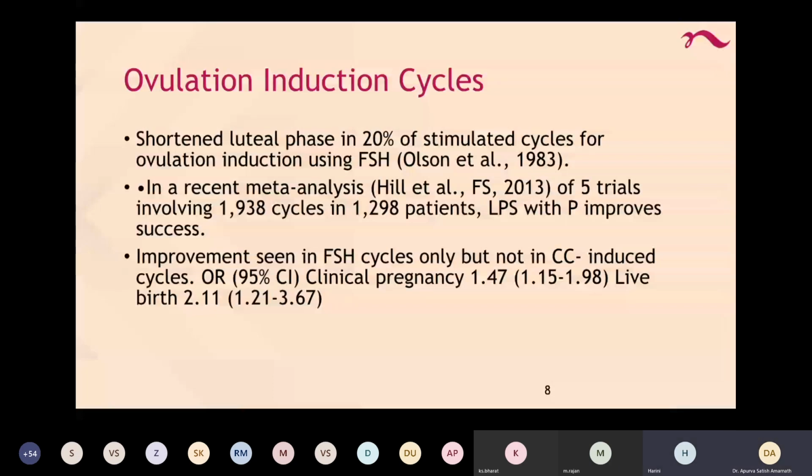Yes, ma'am. In the progesterones, vaginal, intramuscular, and dydrogesterone, all three of them have similar activity. Oral use of micronized progesterone, that is your natural progesterone, has much lesser pregnancy rates. So you can use vaginal or intramuscular or dydrogesterone. The micronized progesterone orally does have a lesser pregnancy rate, ma'am.